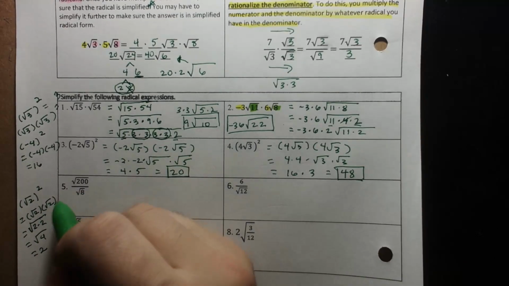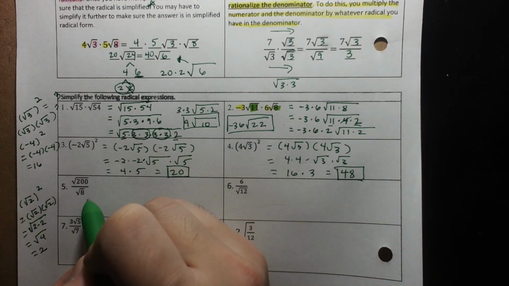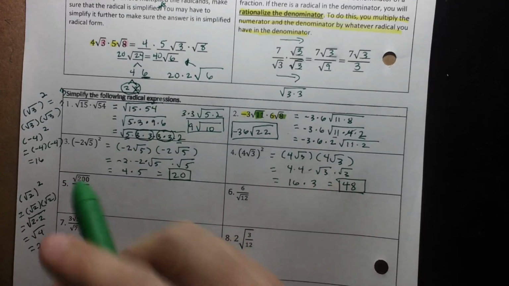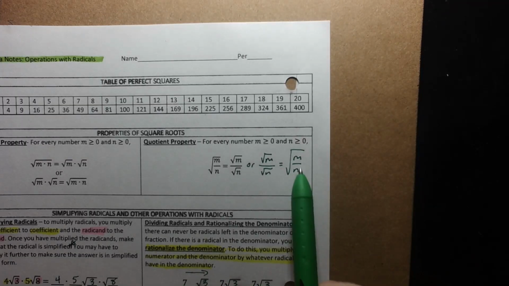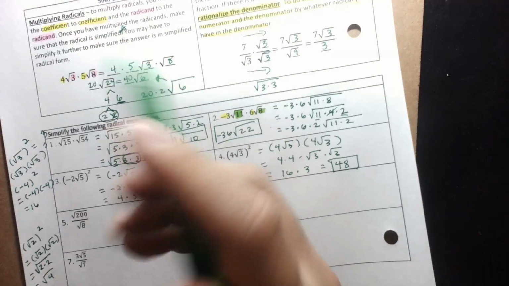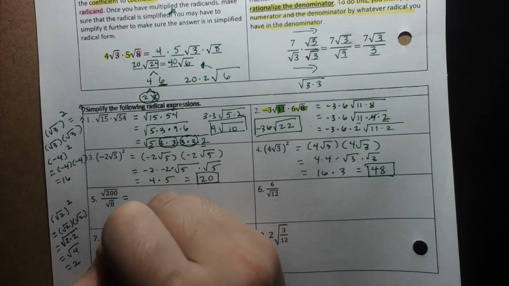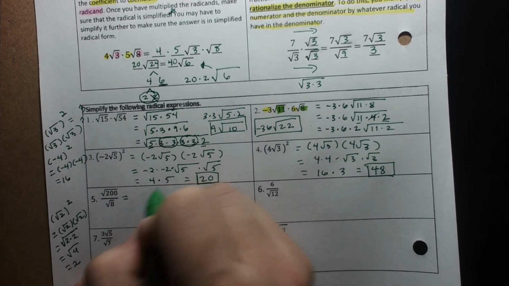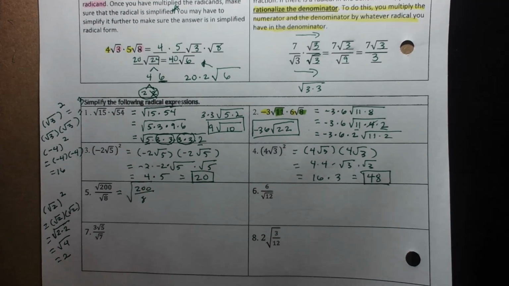Alright, number 5, we have the square root of 200 divided by the square root of 8. I can go ahead and rewrite this into this, right? So the square root of 200 divided by the square root of 8 is the same thing as saying the square root of 200 divided by 8.